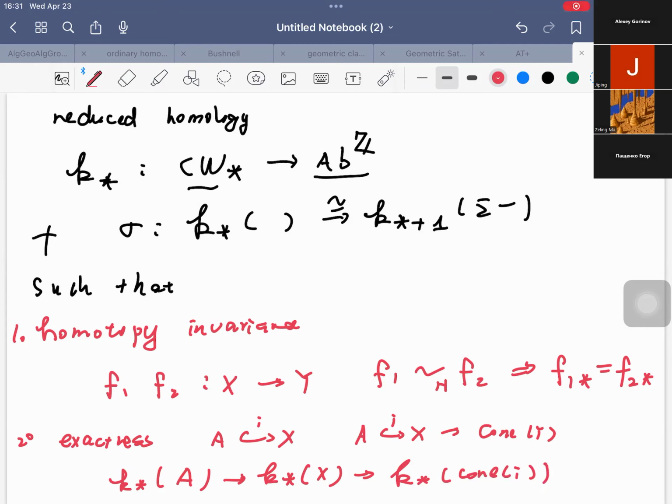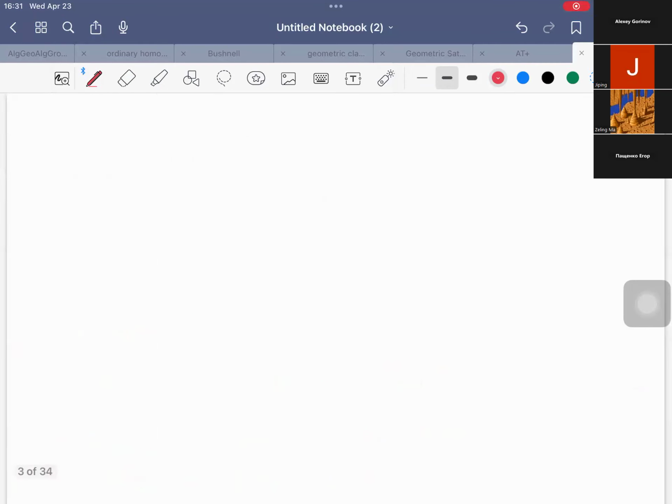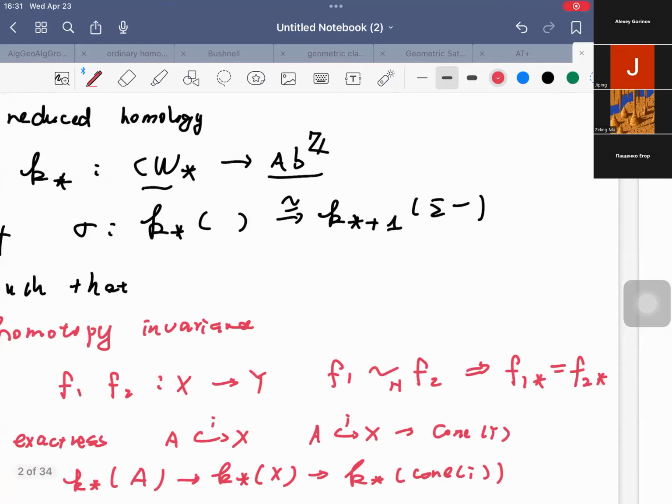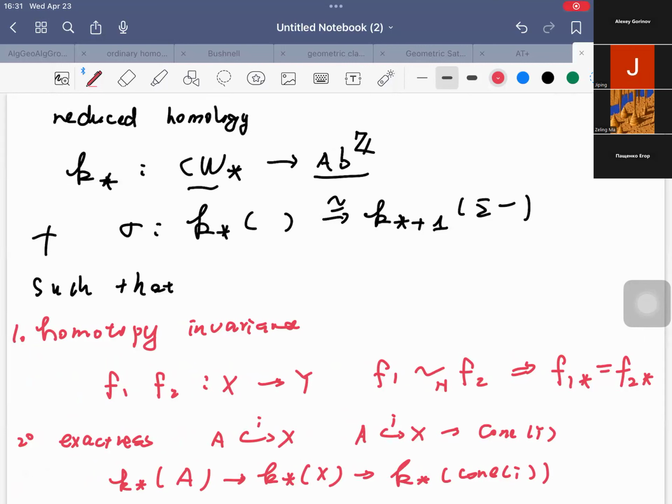Maybe I can take another page. The third condition is that one more group is missing in this sequence. There's another arrow which goes to K n minus 1 of A, and the whole thing should be exact.